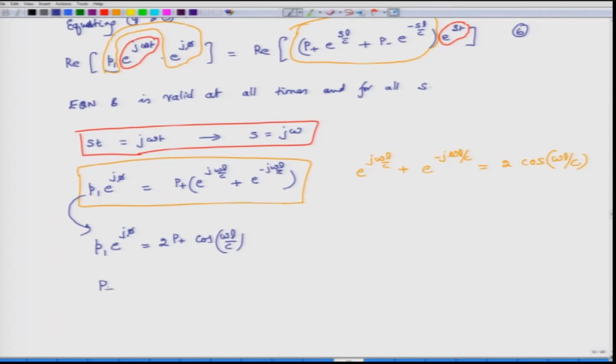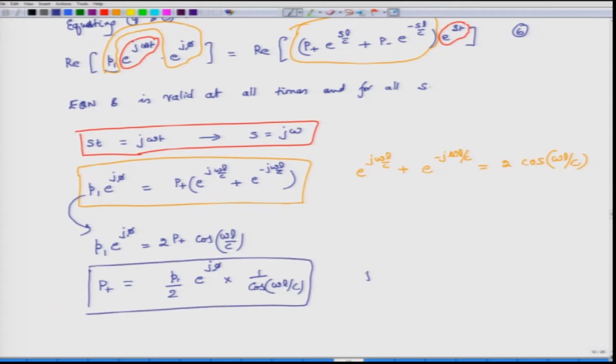So, P plus equals P1 by 2 e to the power of j phi times 1 by cosine omega L over c. So, this is my P plus. My P minus we had already calculated, and that is the same as P plus. So, this is the second thing, and s we have figured out is equal to j omega. Okay. So, these are equations 7.